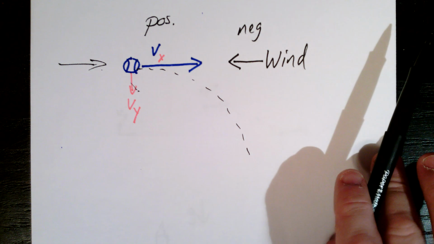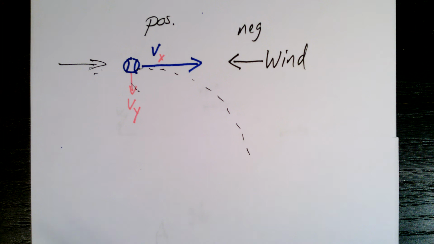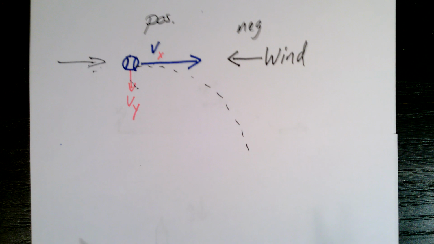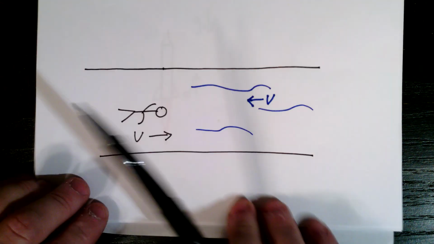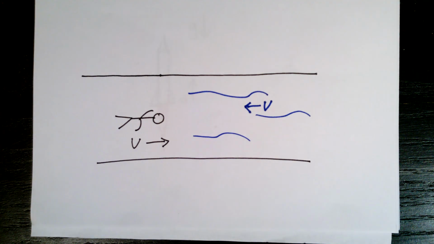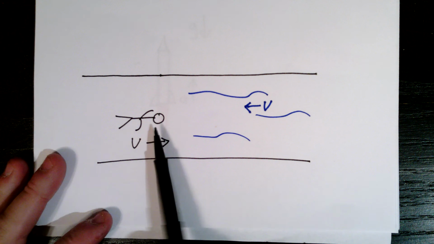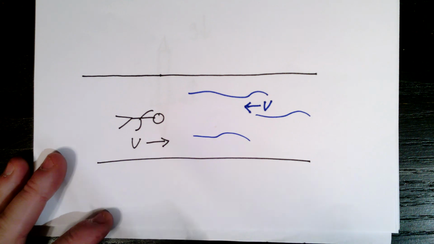And the trick with bowling is you need your velocity this way to be significantly larger than the velocity this way. That way, the ball hits the pins before it goes into the gutter. So for my bowling ball, at least, my resulting velocity might be something like that.